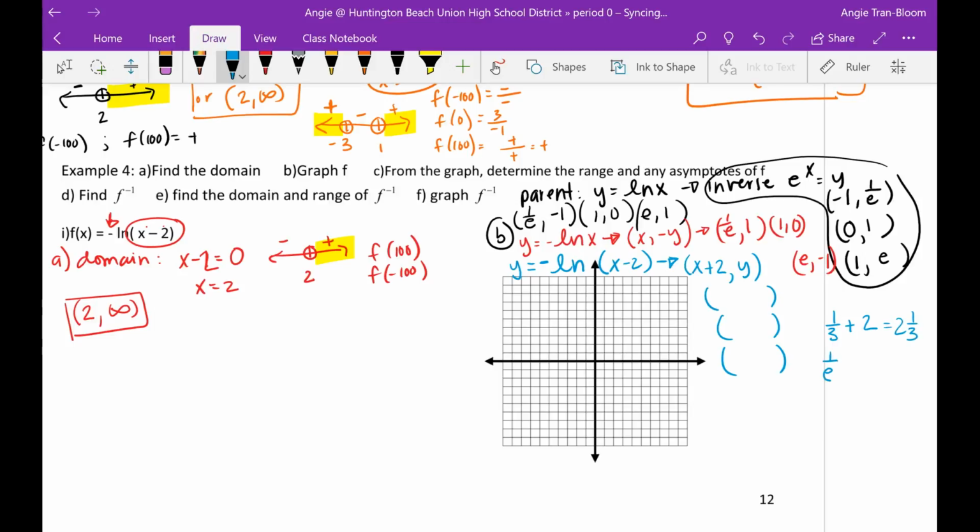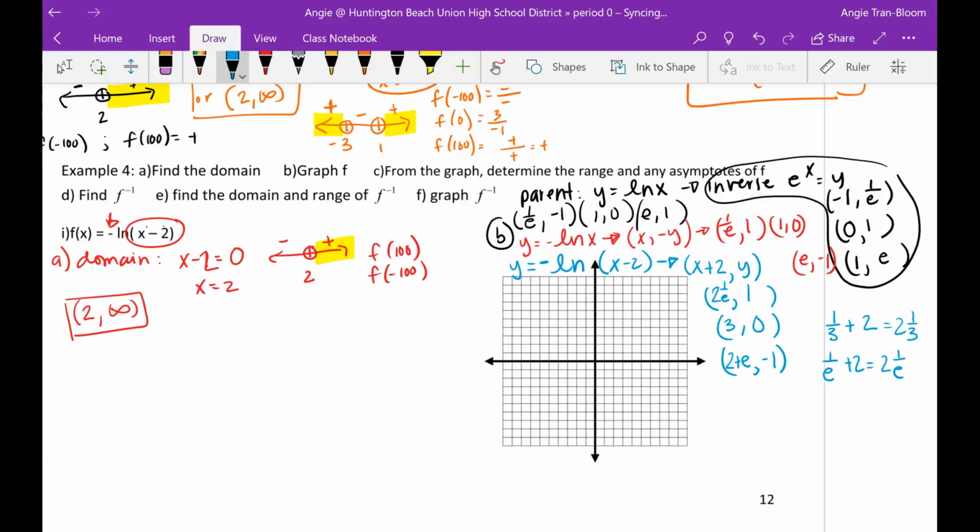Same thing with e. 1 over e plus 2 is 2 and 1 over e. Okay, e is about 2.718, so approximately about 1/3. So this is 2 and 1 over e comma 1. And then 1 plus 2 is now 3 comma 0. And then I can't really do e, so I'm going to do 2 plus e, and e is about 2.7, so it's about 4.7. So that's where I'm going to have it.